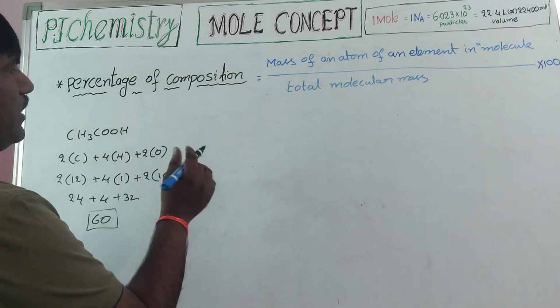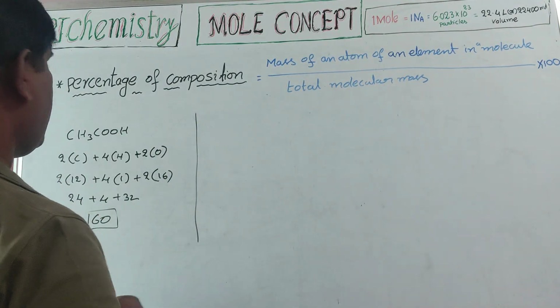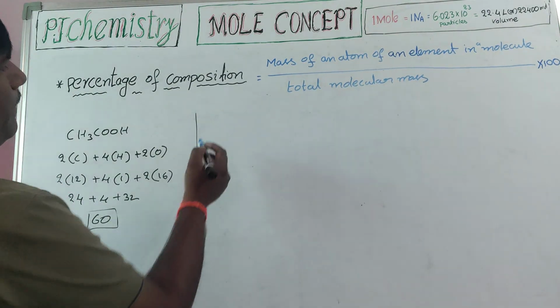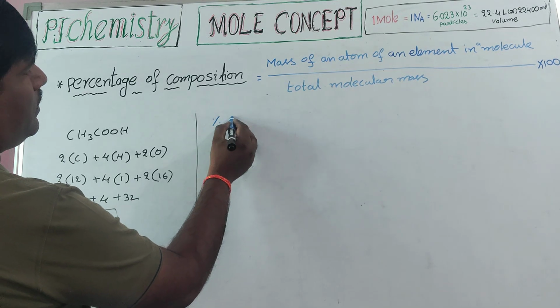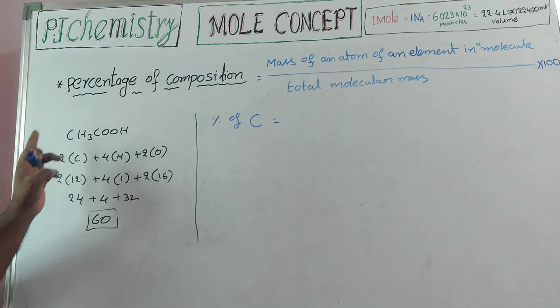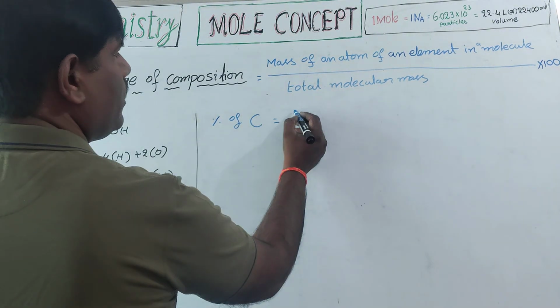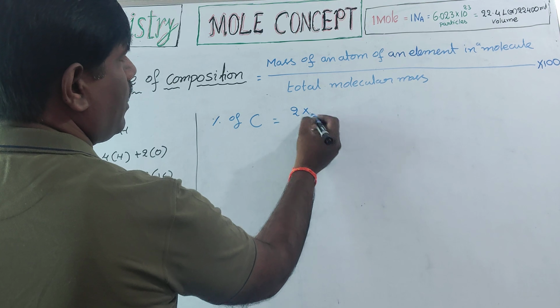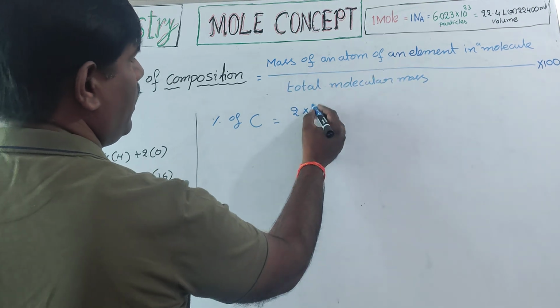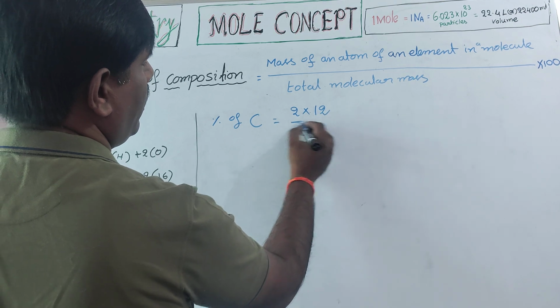Now, I want the percentage of carbon. Immediately, how many carbons are there in this? Two carbons are there. So, 2 into carbon mass of an atom of an element, 12.